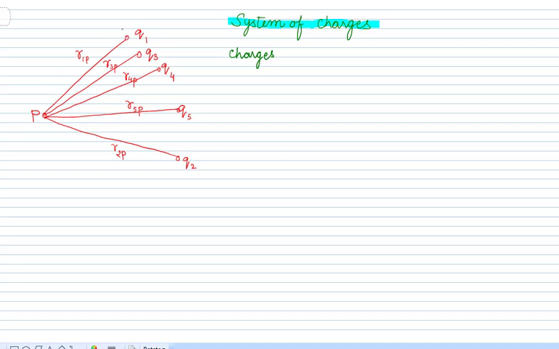Q1 is at a distance R1P from point P, Q2 is at a distance R2P, Q3 at R3P, Q4 at R4P, Q5 at R5P, and so on.